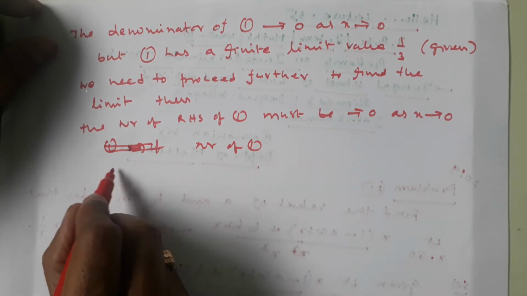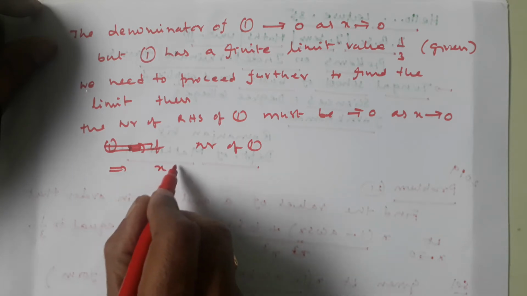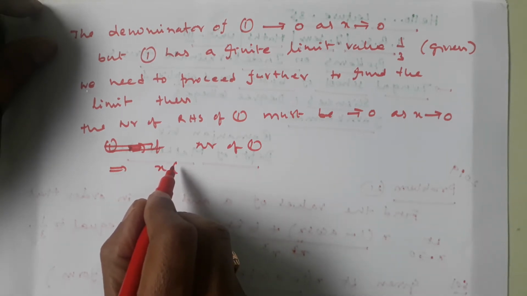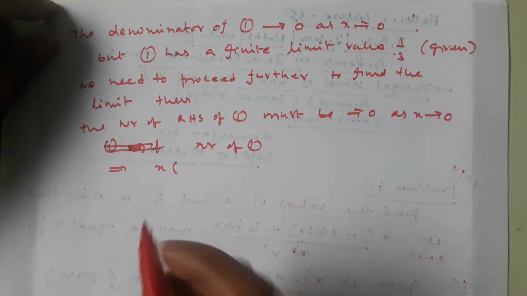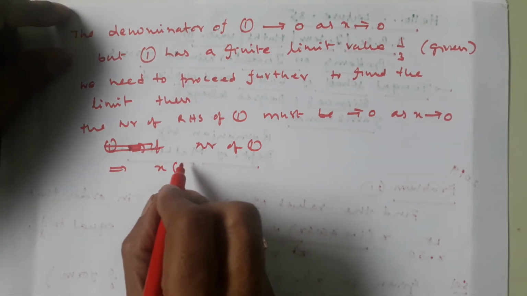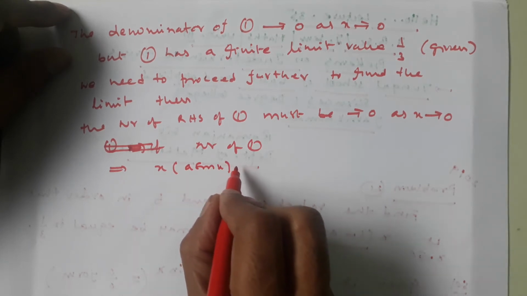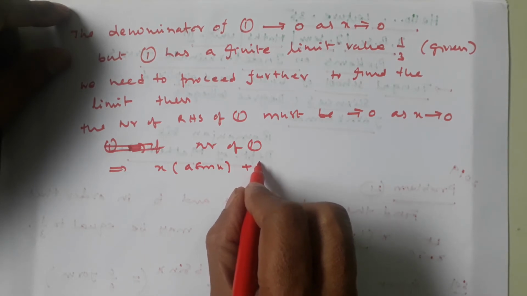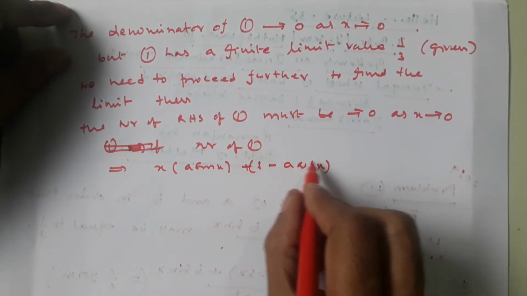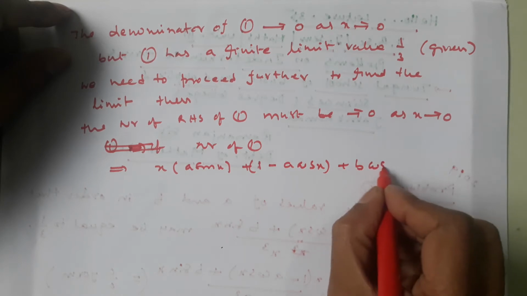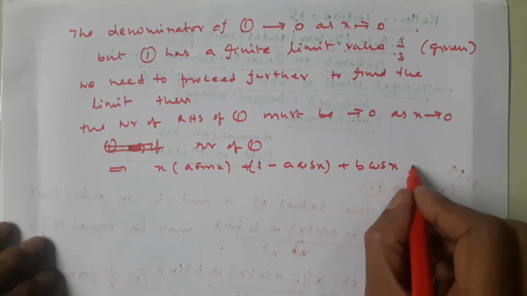What is the numerator of 1? x into A sin x plus 1 minus A cos x plus B cos x is equal to 0.